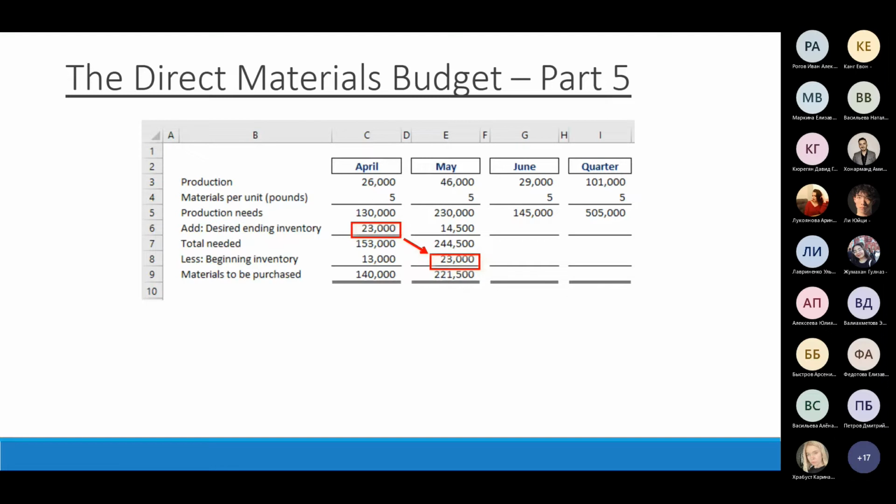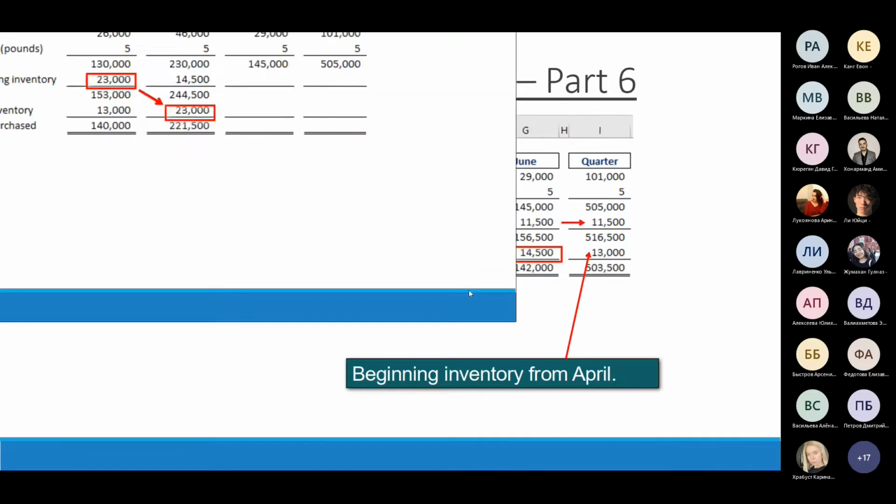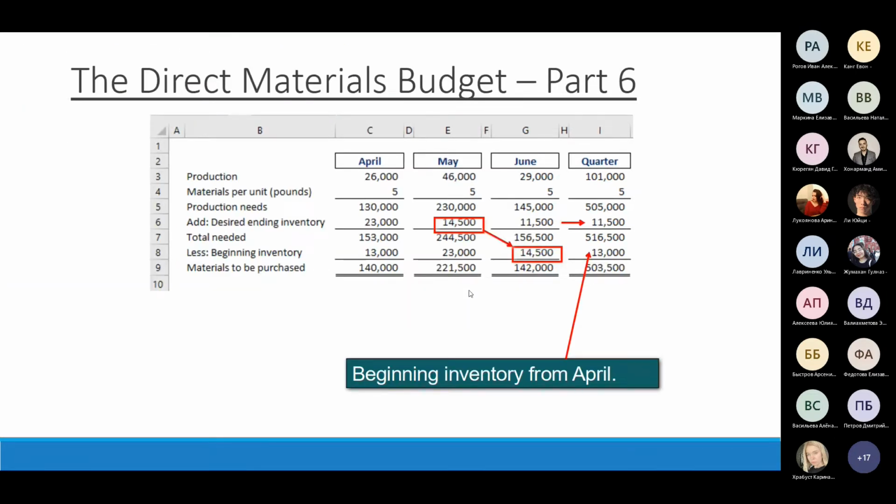So materials to be purchased is equal to this amount. We continue working with this direct material budget, and finally we will do the same for the total quarter, not arithmetically summarizing the values from the prior periods, but calculating the quarter information from the beginning of the quarter till the end of this period.